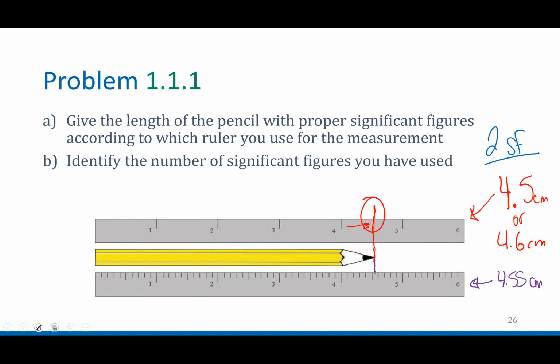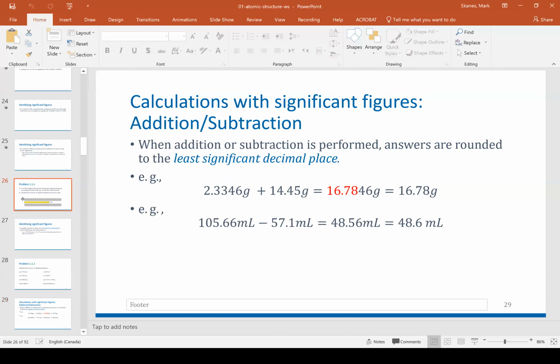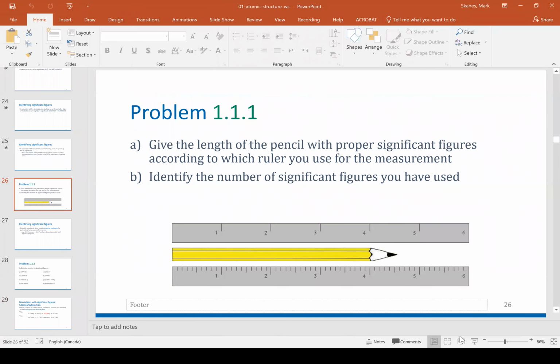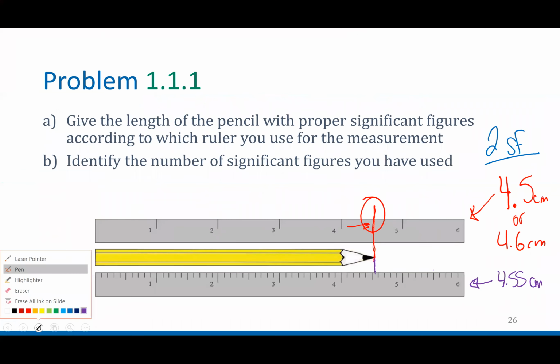And guys, because we used a ruler with better precision, we have 3 significant figures. Mohammed said 4.56, that's awesome, I agree, it could be 4.56.